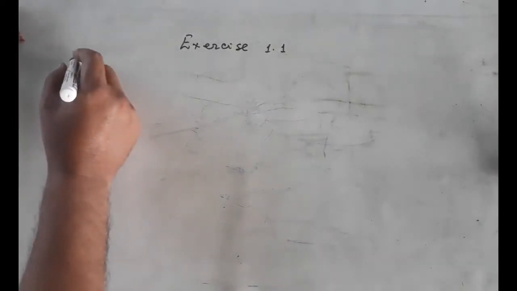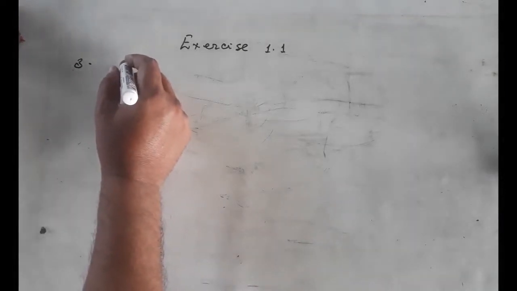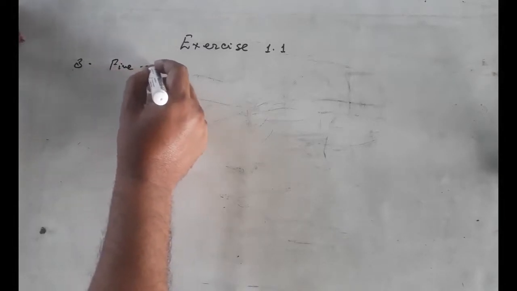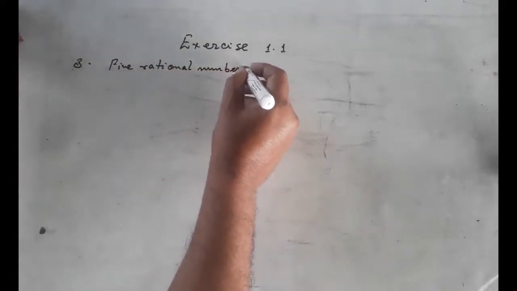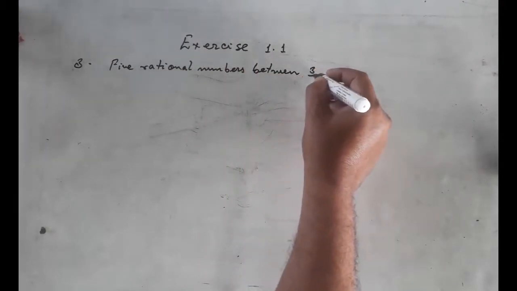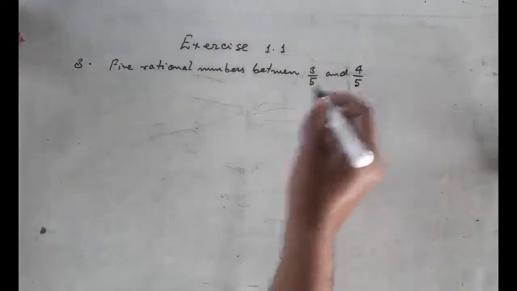Your question 3 is, find 5 rational numbers between 3 by 5 and 4 by 5.